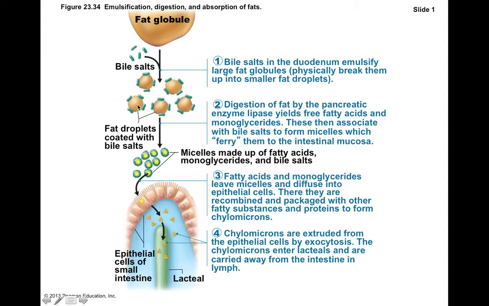Now, if you've taken geometry before, and you start measuring the volume or the surface area of something, or even in pre-calculus, you'd find that there is actually more surface area in the sum of all of these individual pieces than there is in this larger fat globule. Even though it looks like a large fat globule, the total surface area of that one globule would be less than the sum of the surface areas of all these pieces.